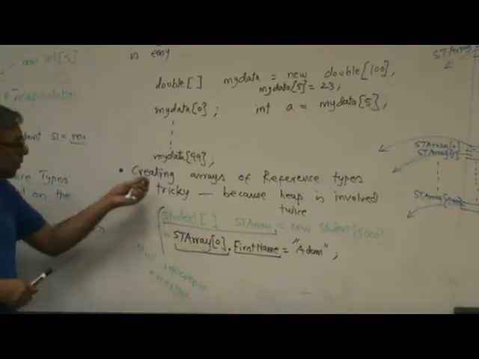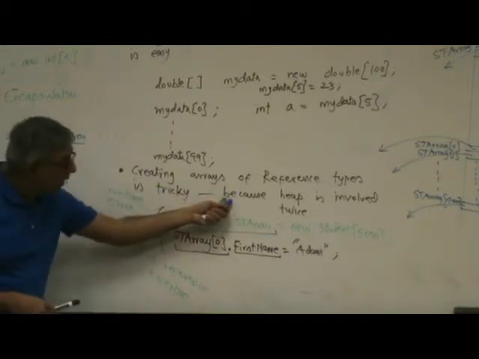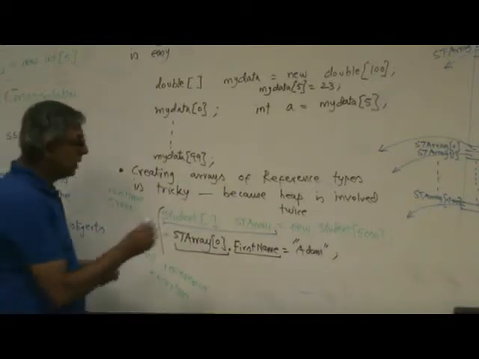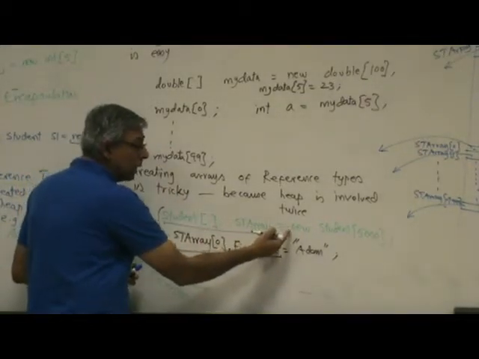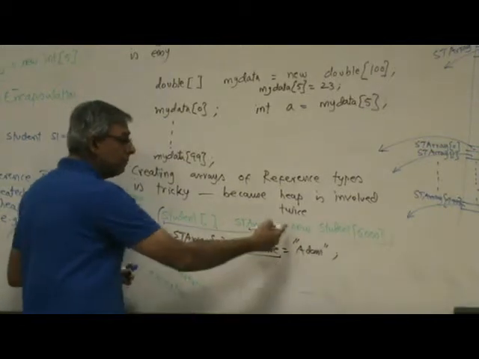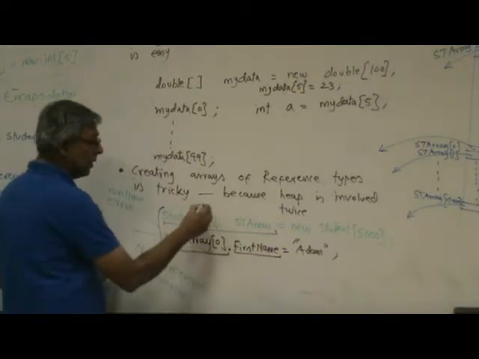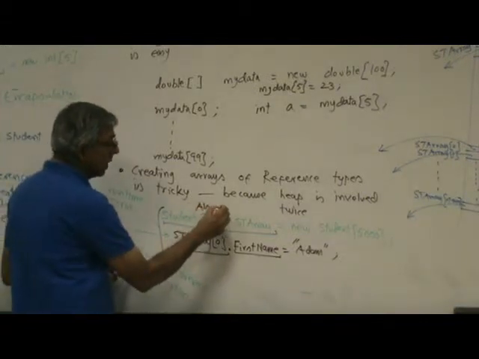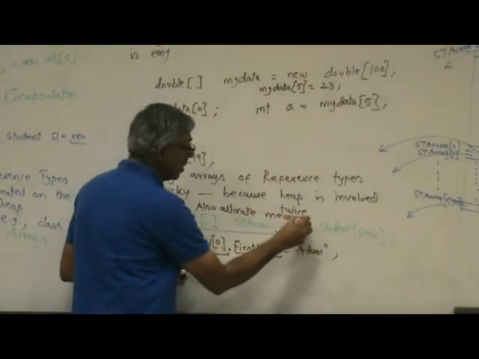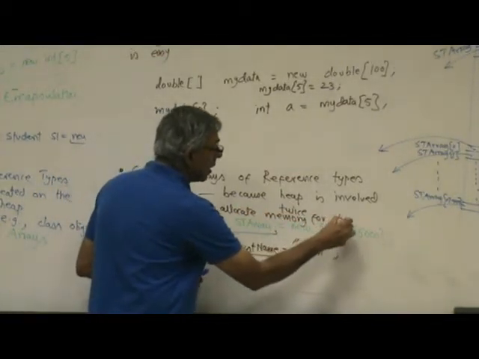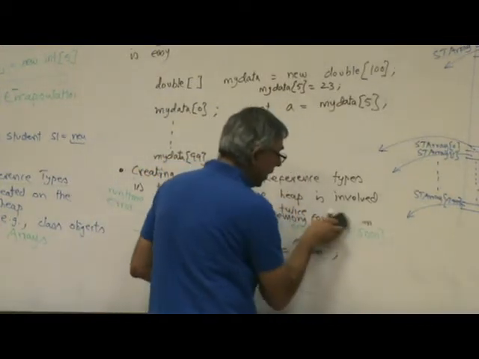So creating an array of reference types is tricky, and like I said, because the heap is involved twice, that means we have to allocate not only the memory for the array, but we also have to allocate the memory for the object inside the array. So we need to also allocate memory for each object in the array.